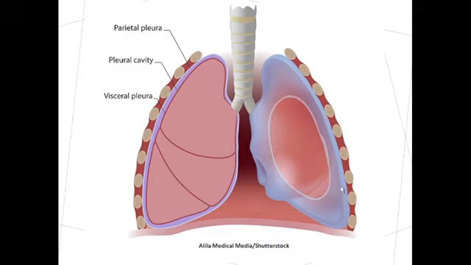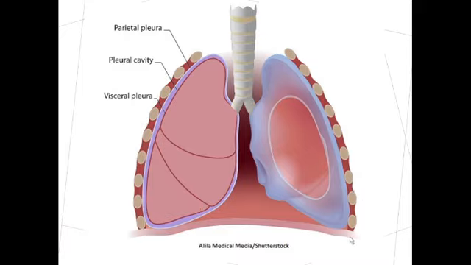If the organ is within the peritoneal space, it's considered intraperitoneal, intra meaning within. But if it's under the peritoneal space, it means subperitoneal, which means under.